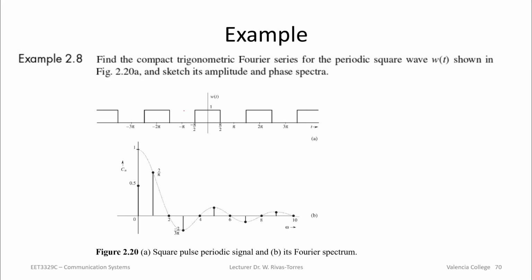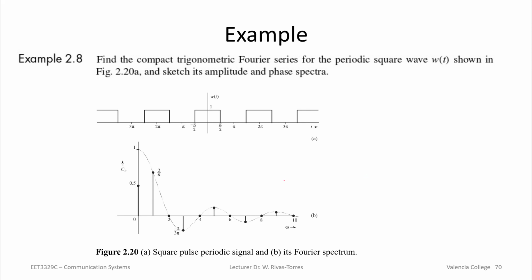Notice that the signal is actually periodic, and it starts from here and it ends here, right? You can look at it so many different ways. You can say the signal starts here and goes up to here, from here to here, and that is 2 pi.